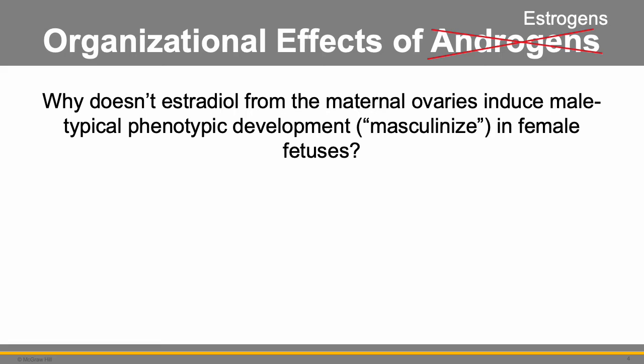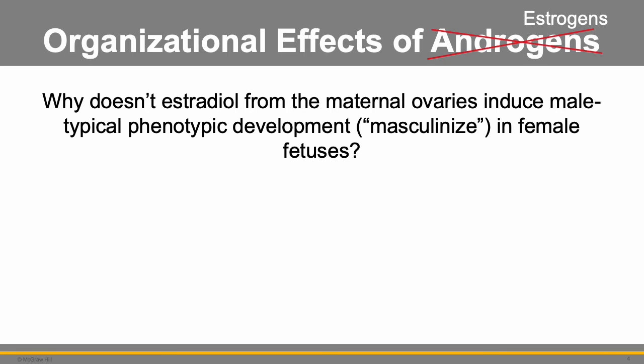So if maternal estradiol is circulating in the female, and because of the shared blood supply, is also circulating in the developing fetus, why don't we see female fetuses experience the same development of male typical neurostructures?